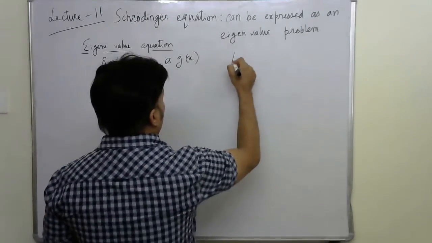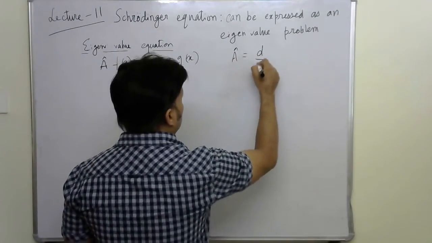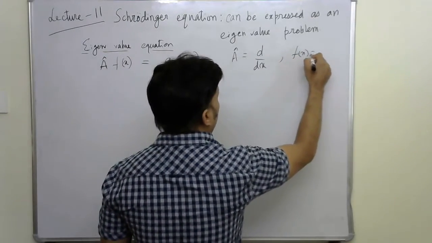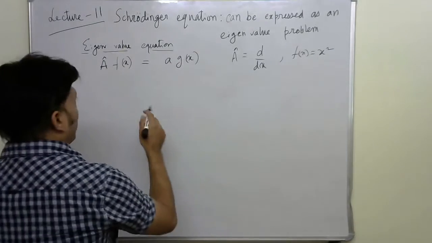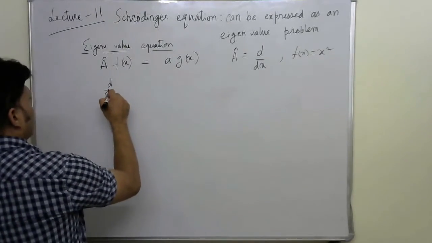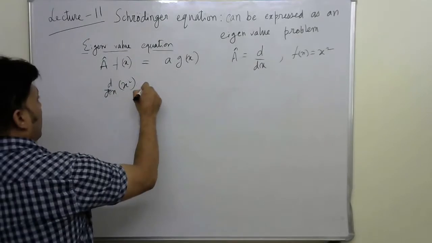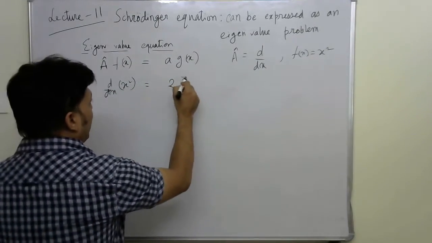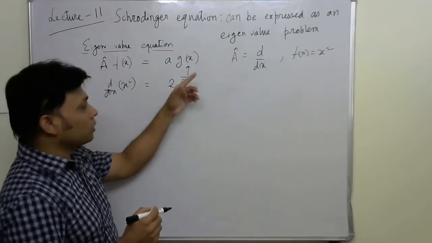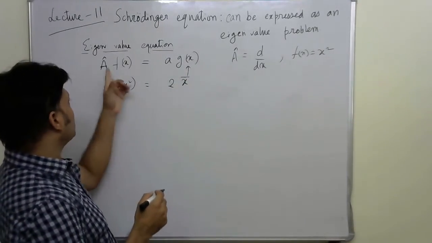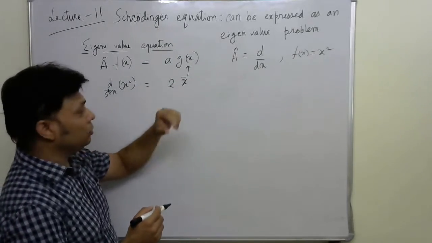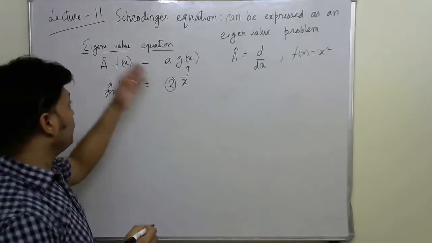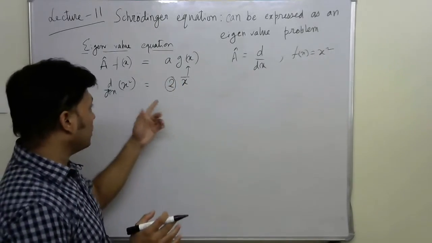For example, we can think that this operator A may be d/dx, and my f(x) could be x square. So whenever I have d/dx of x square, I get 2x. So now my x square becomes g(x), which is another function. And then we have a constant term here, which was not there previously.